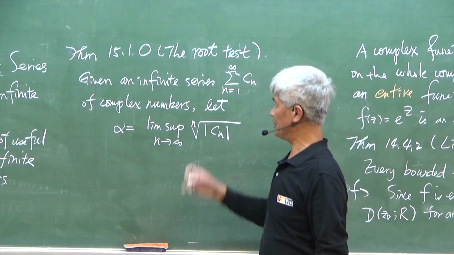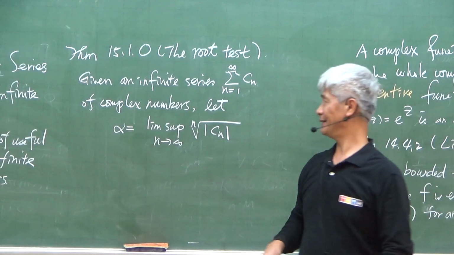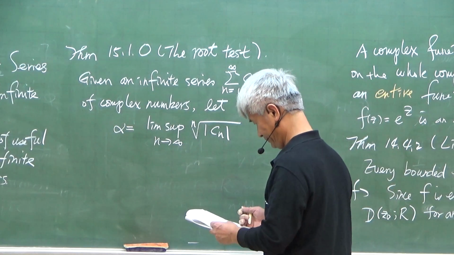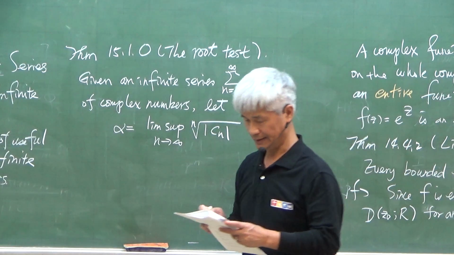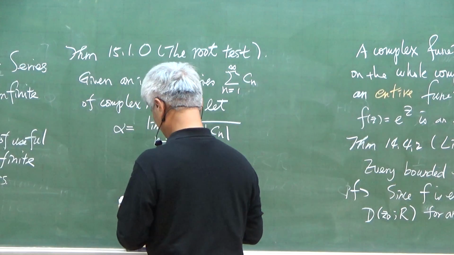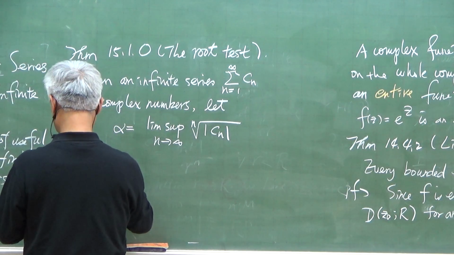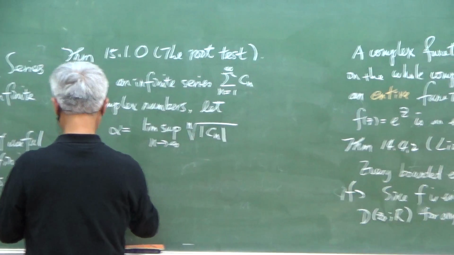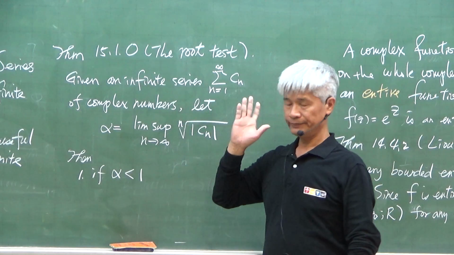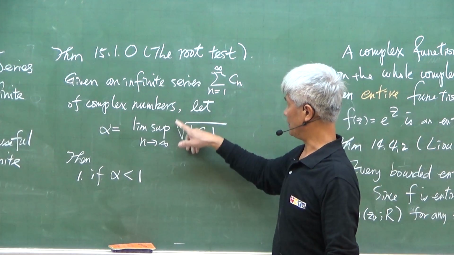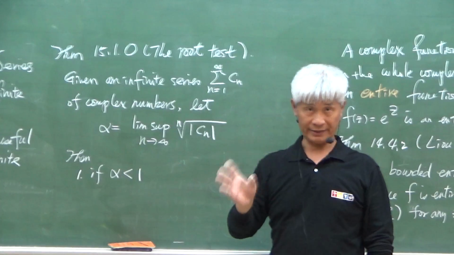I believe you already know what the lim sup is. This is the reason why I asked you to study this section. By the way, I have to say again, for any sequence like this one, you may have a limit or may not have any limit.